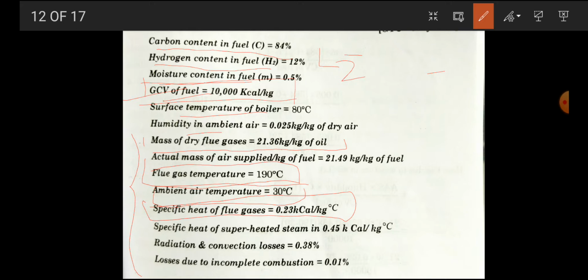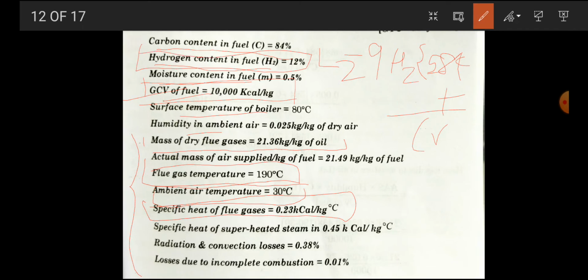For hydrogen content the formula is 9 H2 into (584 plus Cp (Tf minus Ta)) upon the CV of the fuel. Tf minus Ta and CV are given, so the only new term is H2, that is 12%, so we take it as 0.12.